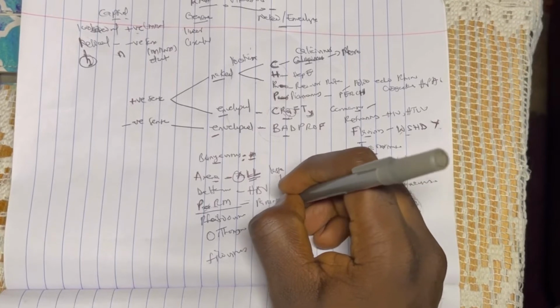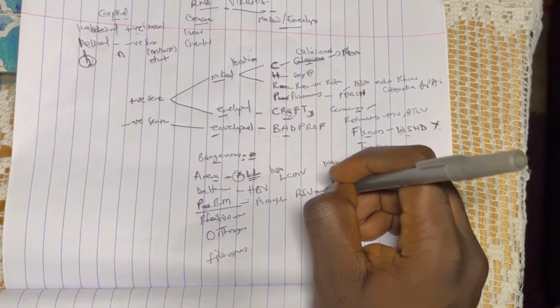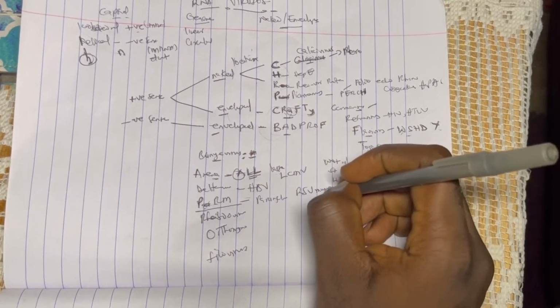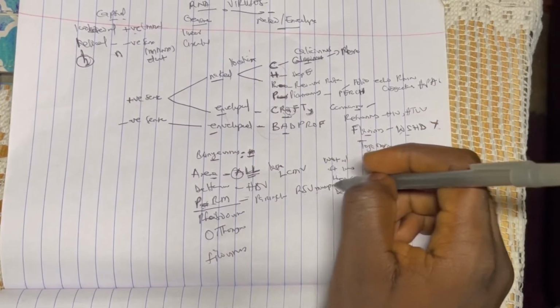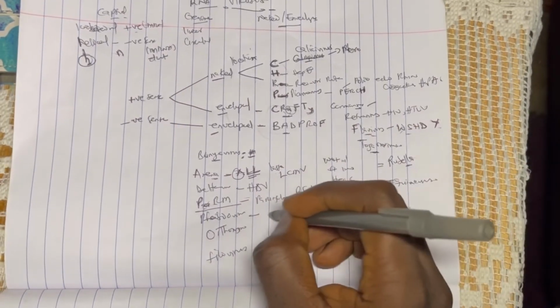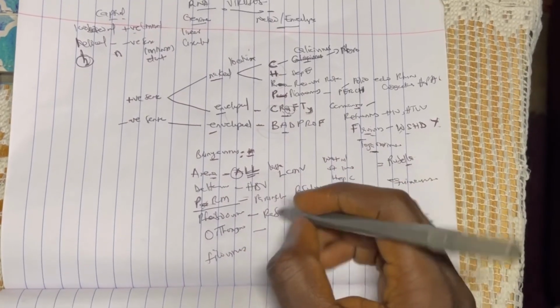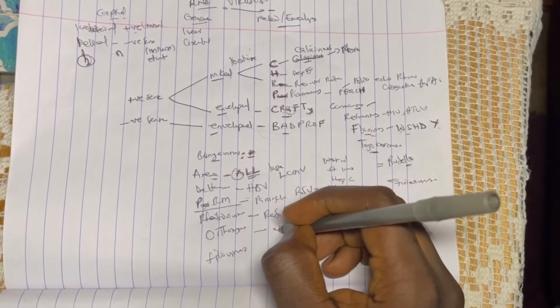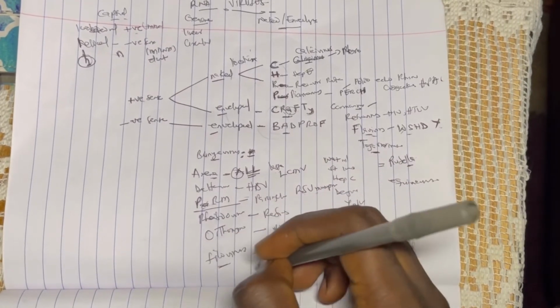So parainfluenza, RSV, and then mumps. Okay, remember, it has the MR, but rubella is not part. Rubella, we said, is what? Toga virus. Rhabdovirus is only one, rabies virus. Orthomyxo is also just one. That's your influenza virus.